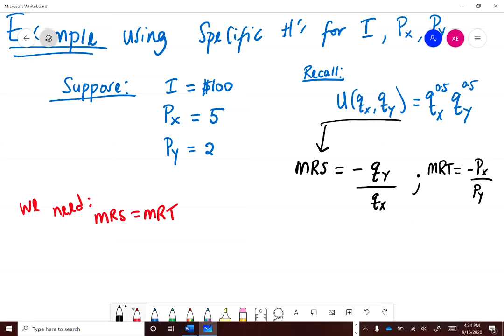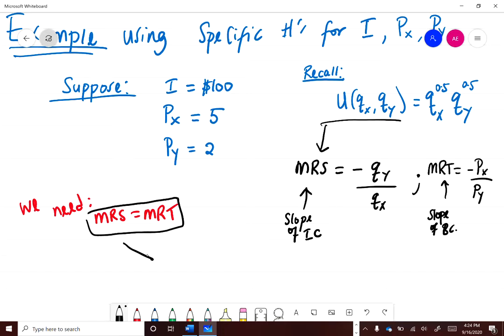Right? MRS is the slope of the indifference curve. MRT is the slope of the budget constraint. This optimality condition is the point where these two curves are tangent to one another. This is Q of Y, Q of X. Okay, the optimal point.